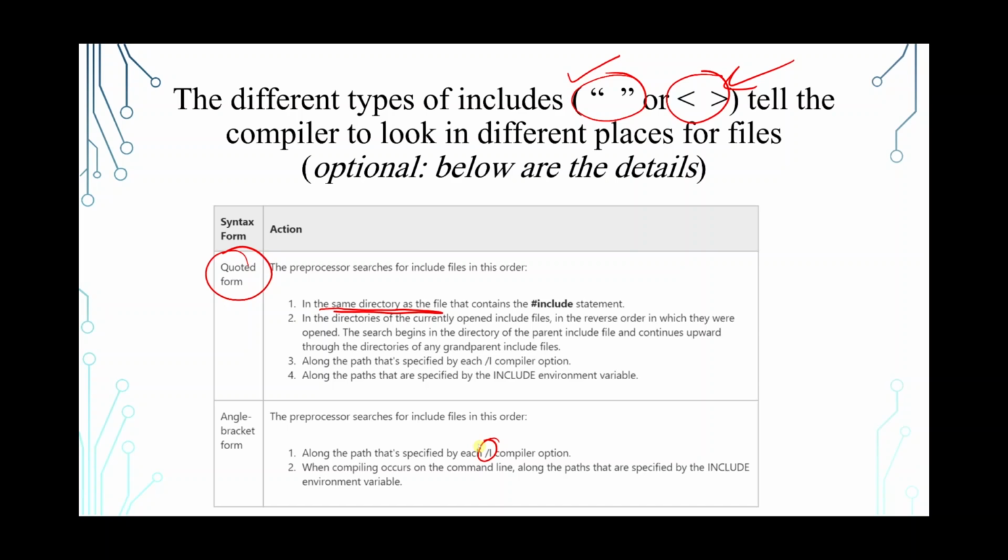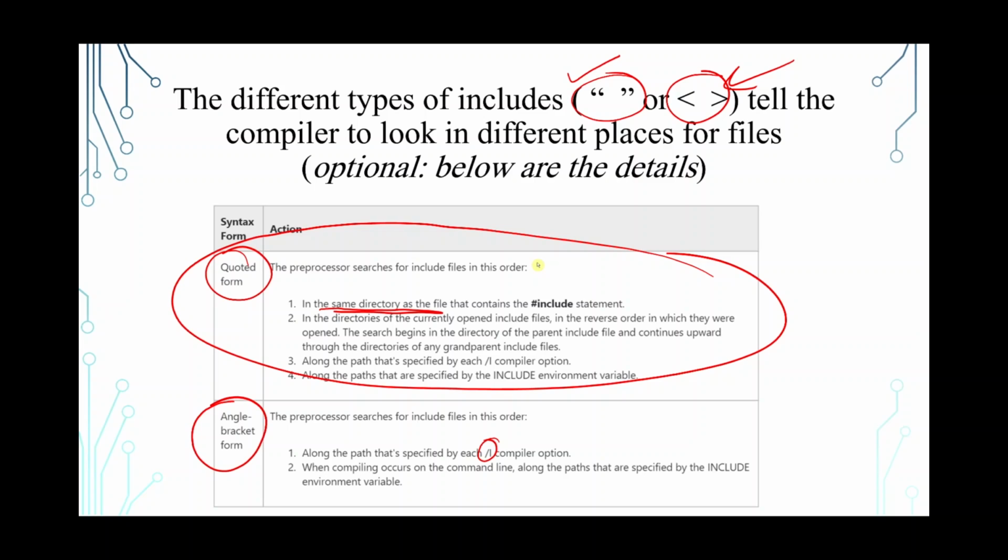So in simple words, the angle bracket form is basically for the C++ community base or standard libraries, which are not included in the same folder as the CPP file or the same project folder. That's it.